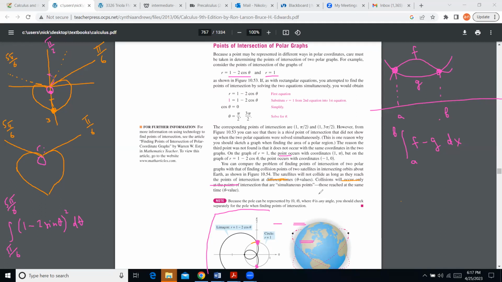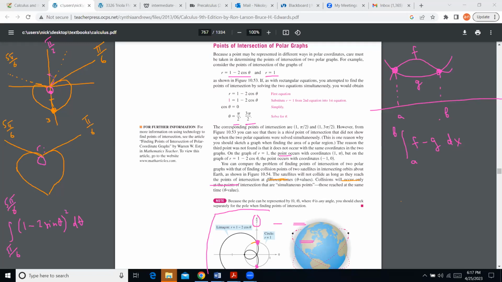So they simply produce the system of equations, and then they set it up, and then they find those angles. And as you can see from the picture, one of them is positive pi over 2, and the other is 3 pi over 2.